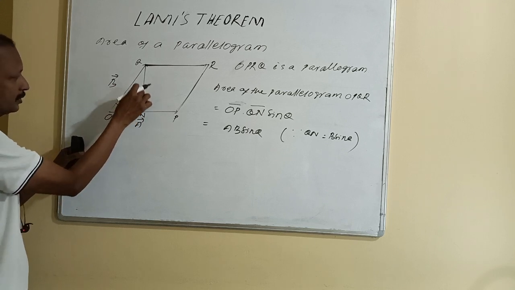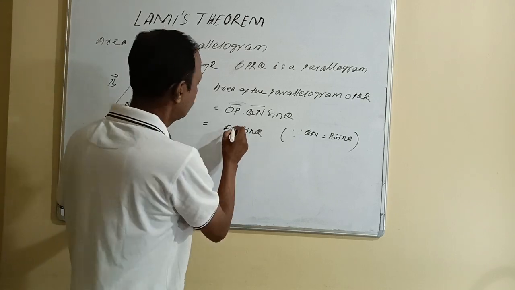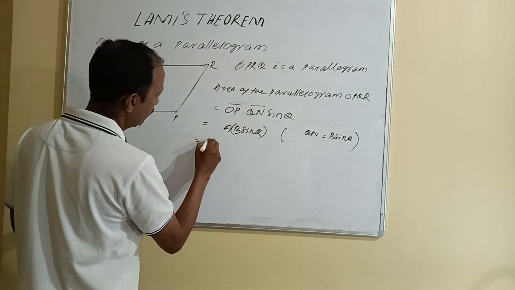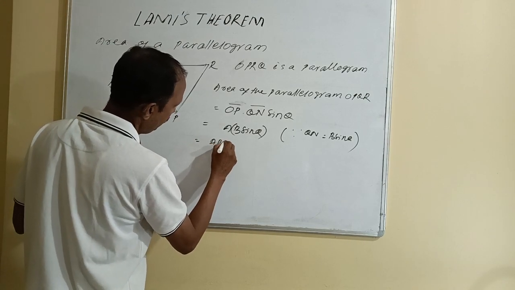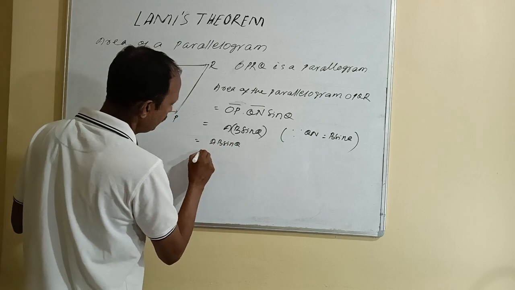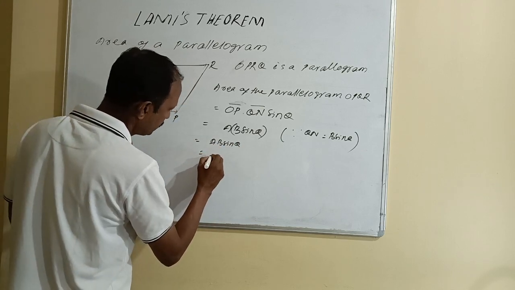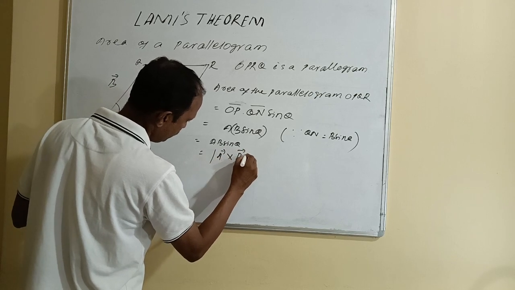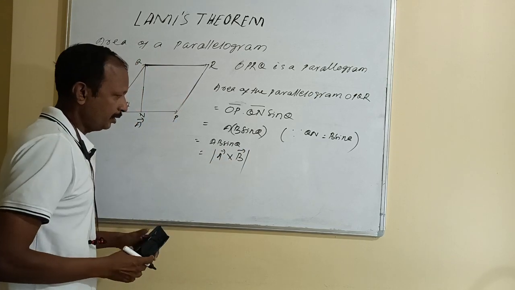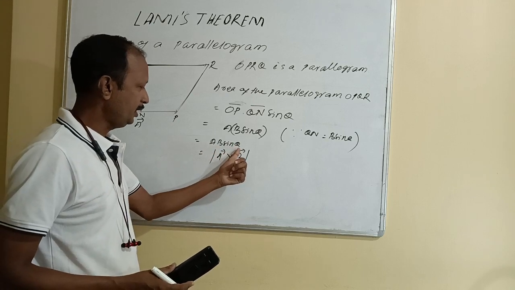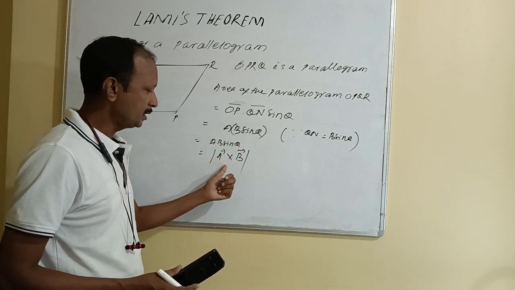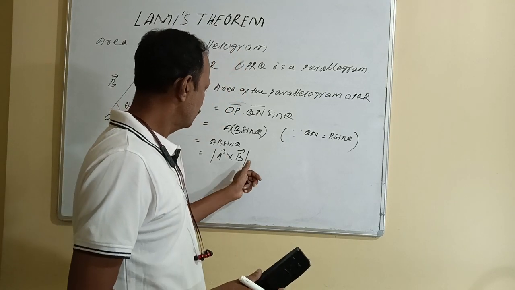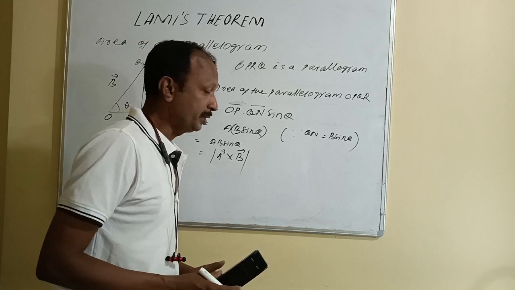So in place of this side I am taking B sine theta, so it is AB sine theta, which I can take as the magnitude of the cross product of vector A and vector B.